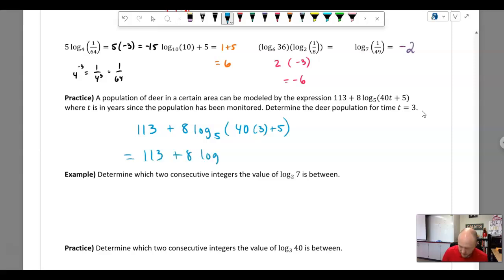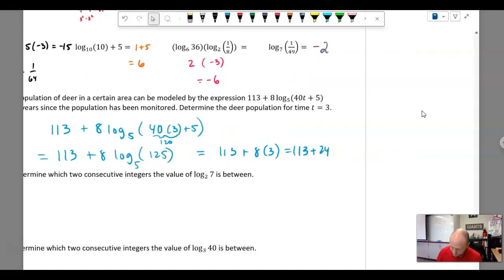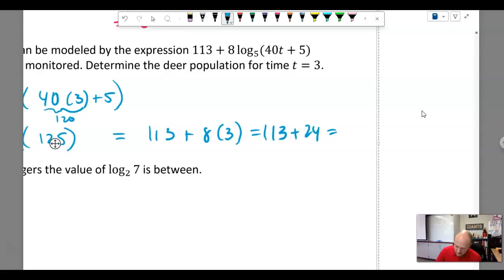Okay, so I'm just plugging in 3, and that looks like this is going to give me 120, plus 5 gives me 125, which makes sense because it's base 5, so that's going to be 3. So we get 113 plus 8 times 3, which is 113 plus 24. And that's going to give us 137.